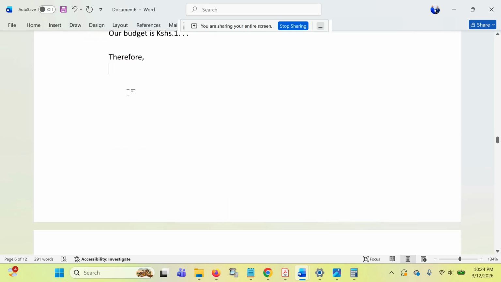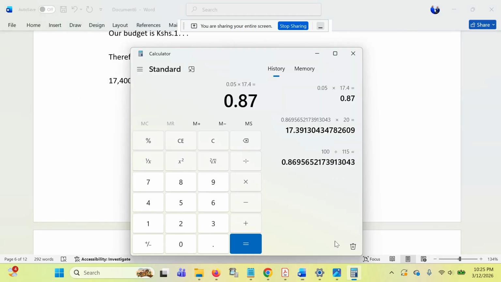Now we have our budget. Our budget is Kenya shillings 17.4 million. So therefore, how many units?